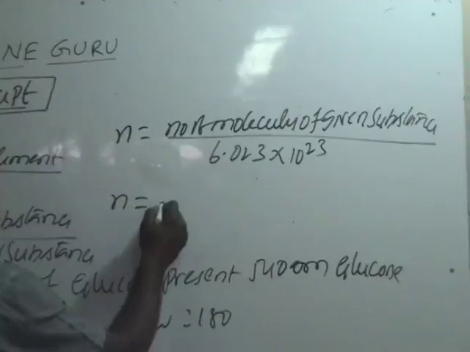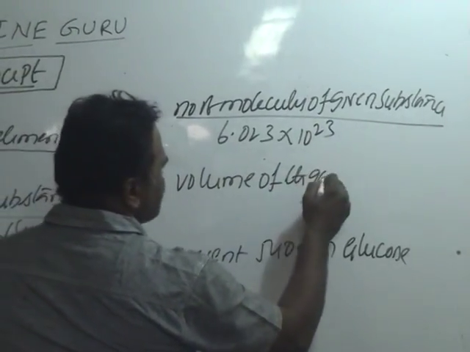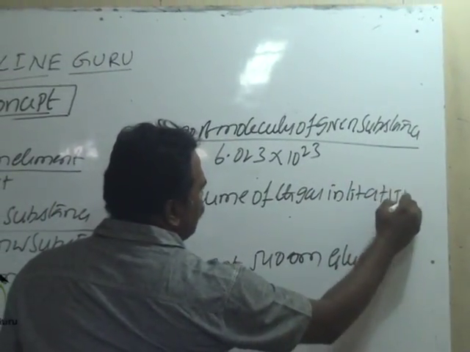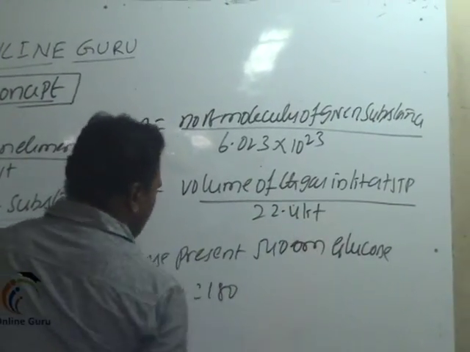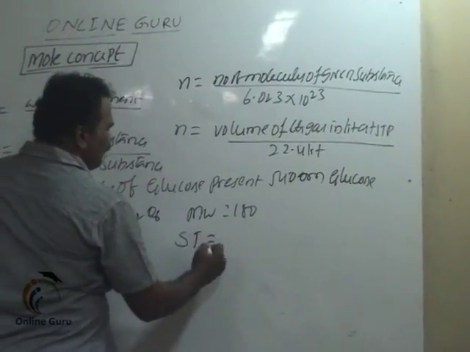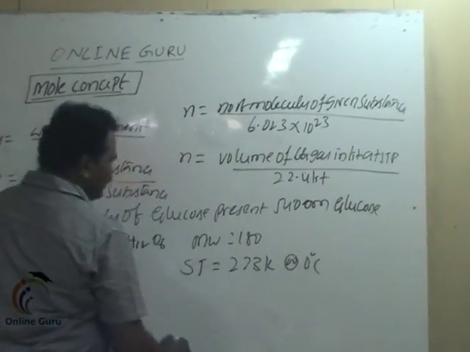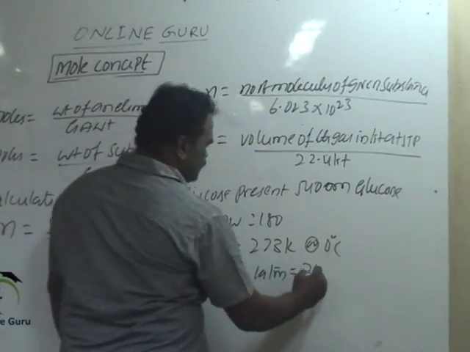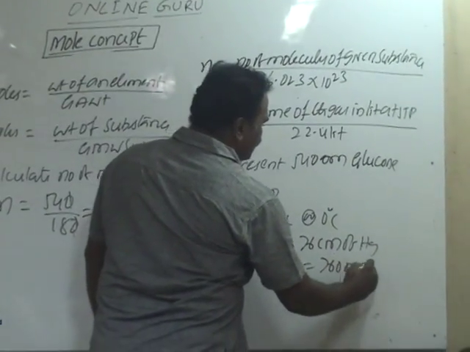Number of moles also equals volume of the gas given in liters at STP conditions divided by 22.4 liters. STP means standard temperature pressure conditions. Standard temperature is 273 Kelvin or 0 degrees Celsius. Standard pressure is 1 atmosphere, equal to 76 centimeters of Hg, that is 760 millimeters of Hg.